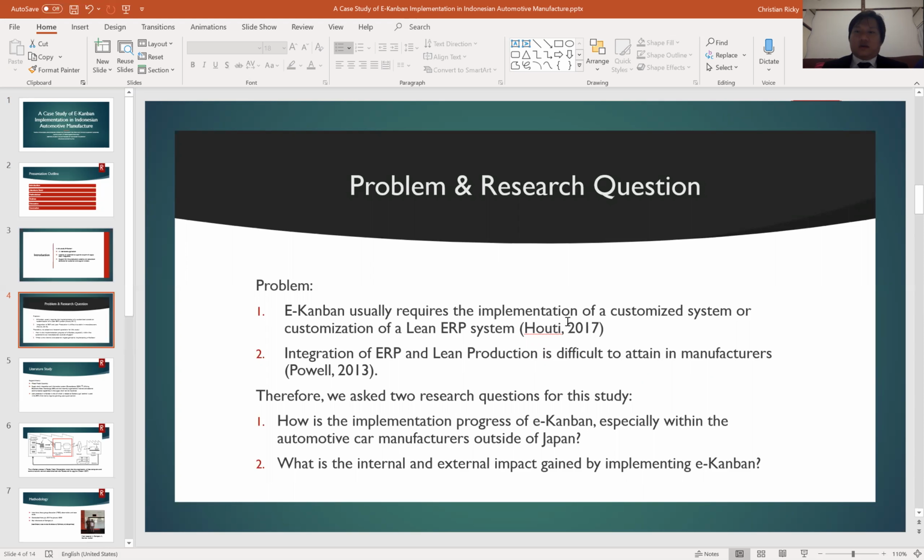Therefore, this research asks a research question about how is the implementation progress of E-Kanban, especially when it is implemented outside of Japan, and also what are the internal and external impacts gained by implementing E-Kanban.